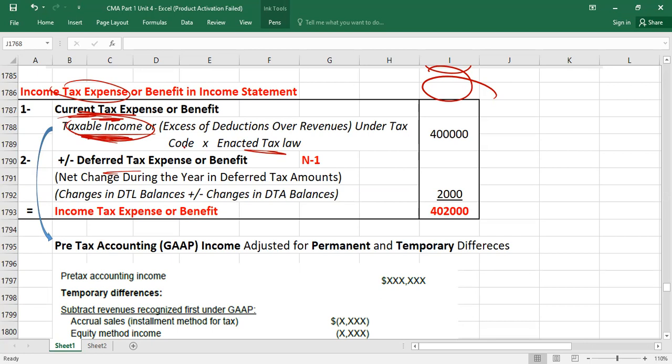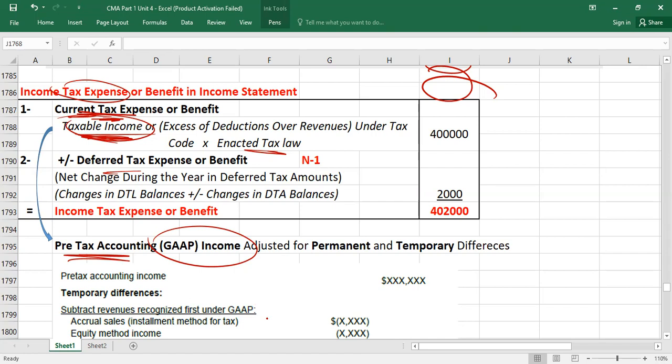And how is it adjusted? You always take GAAP income, which means profit before tax, from the income statement. And then you add or subtract the differences between accounting rules and tax rules. Those things you adjust. This is how you get taxable income.